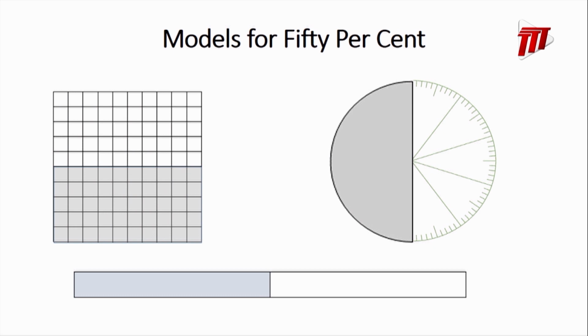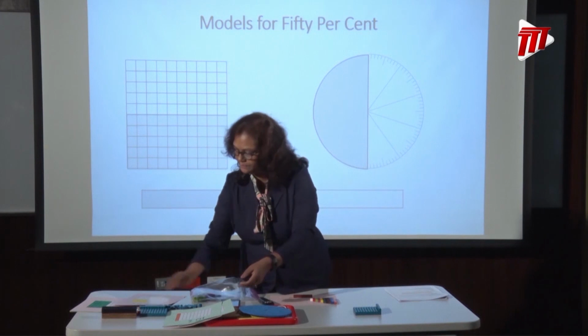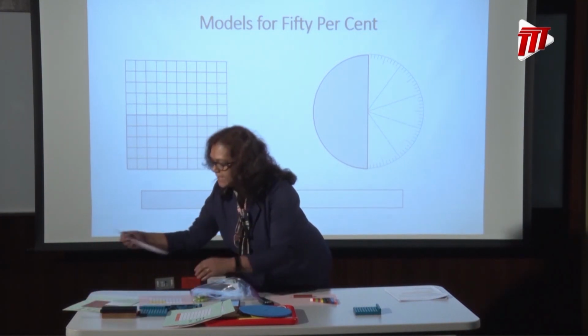So now we are going to look at some other models for percent. The first one we are going to look at is the one for 50%. So this time we have the grid for 50%.